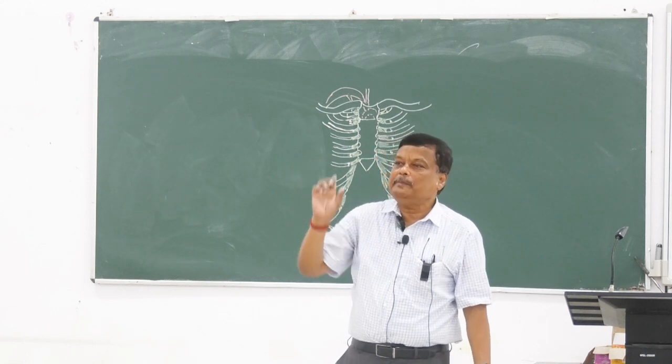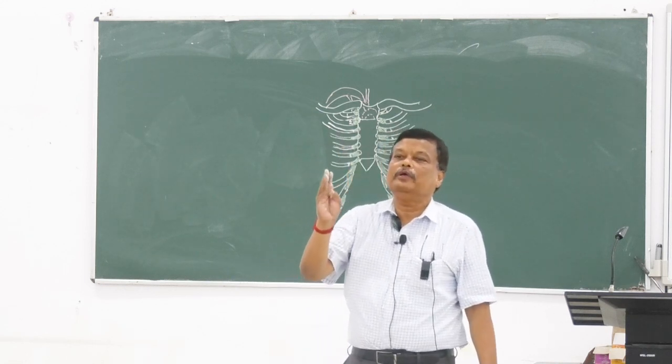তাহলে যদি বলে what are the typical intercostal spaces? 3rd, 4th, 5th and 6th.